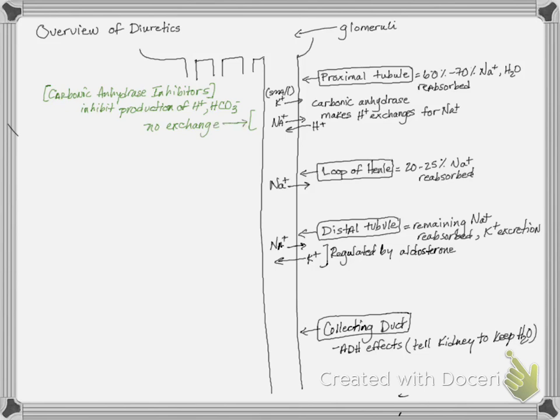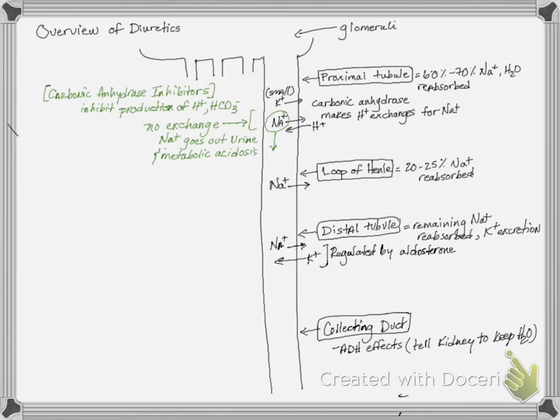And so what happens then is your sodium is going to go out in urine. Also, it can cause metabolic acidosis, because it's not making the bicarb.